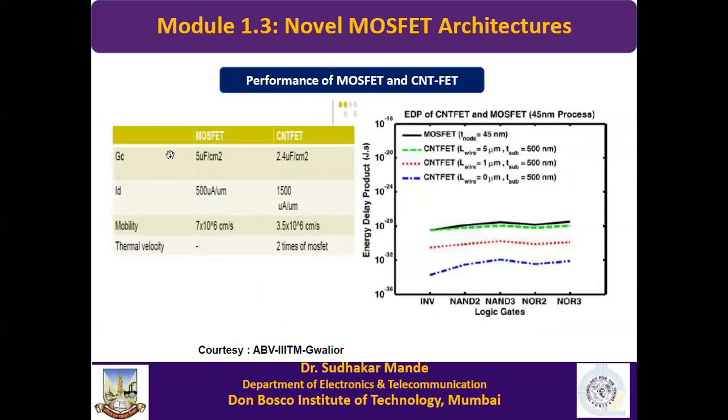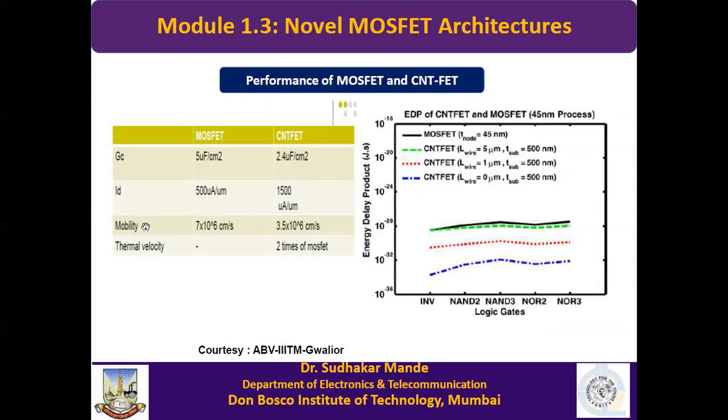Now here, this is a comparison between MOSFET and CNT FET. This is GC, meaning gate capacitance. So gate capacitance is less, which means speed will be more. Then this is drain current. This is 500 microamperes per micrometer, but here it is 1500, three times more.